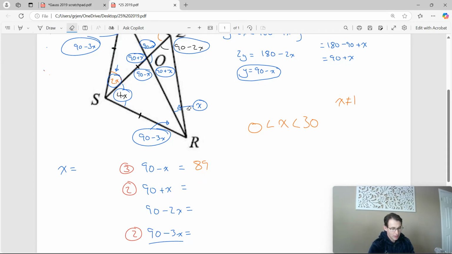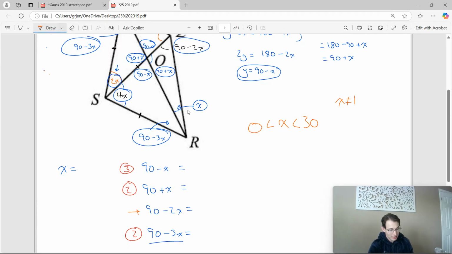Anyway. And then here are some things to note about these. 90 minus 2x, that will be only prime if x is equal to 44. Okay? But x can't be 44 because of this. All right? Because otherwise, this could be written as 2 times 45 minus x.